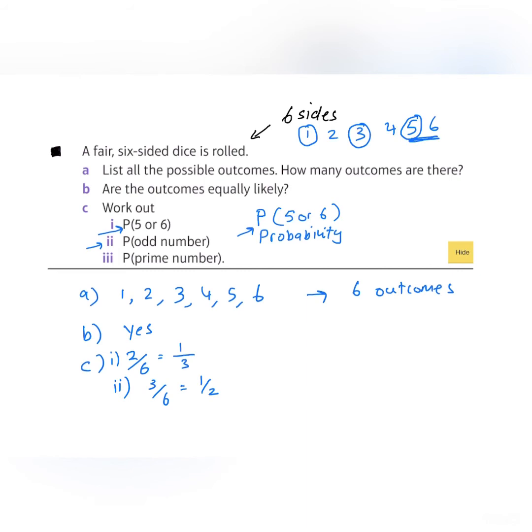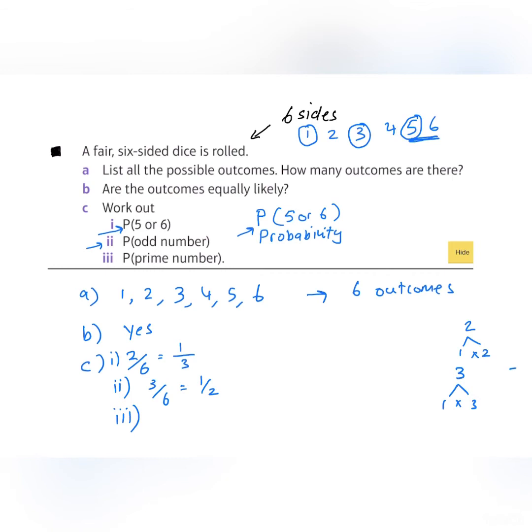And then a prime number. So what is a prime number? A prime number has only 2 factors, 1 and itself. For example, 2 is a prime number: 1 times 2 will only make 2. 3 is a prime number: only 1 times 3 will make a 3. So it only has 2 factors, the number 1 and the number itself.